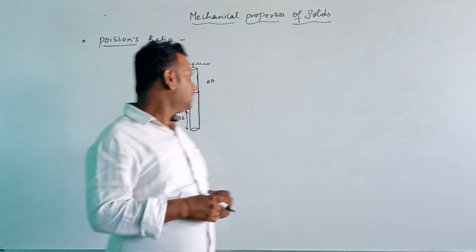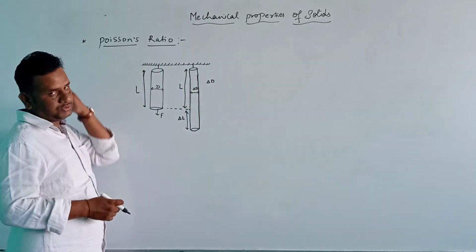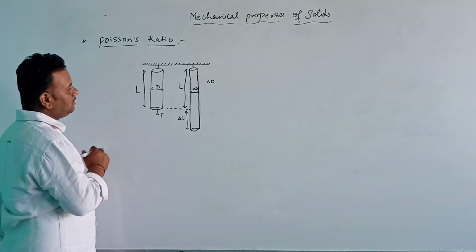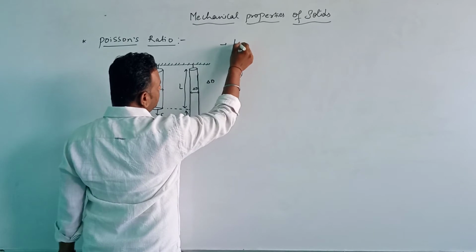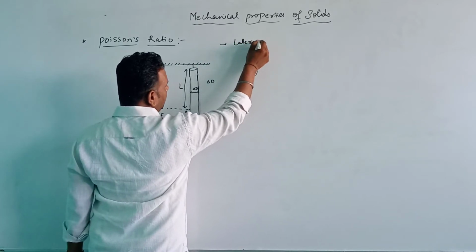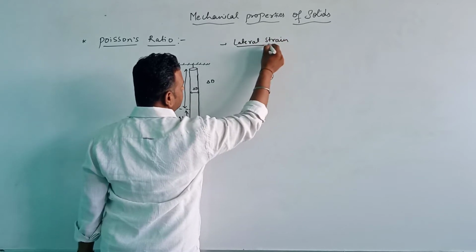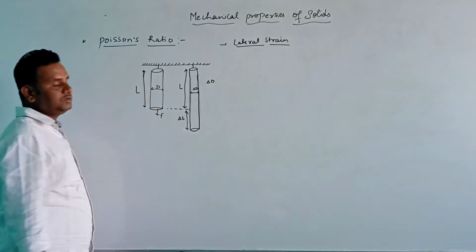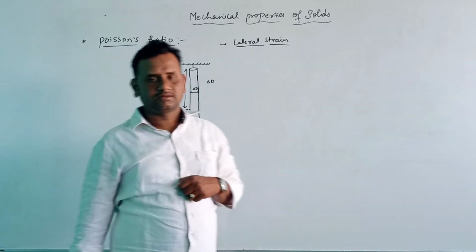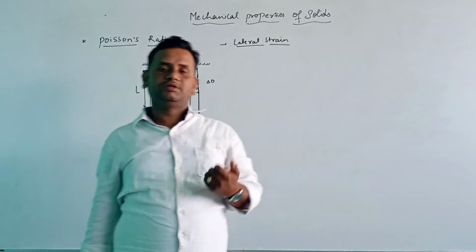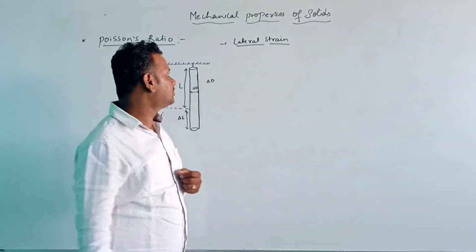Now, what is Poisson's ratio? Before that, first we need the definition of lateral strain. As we know the definition of strain, the change in dimension to the original dimension is called strain.